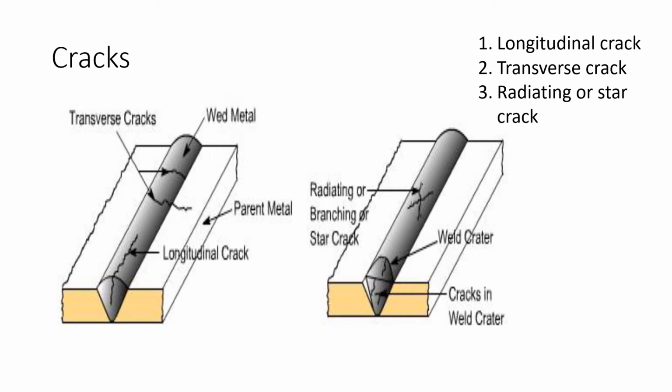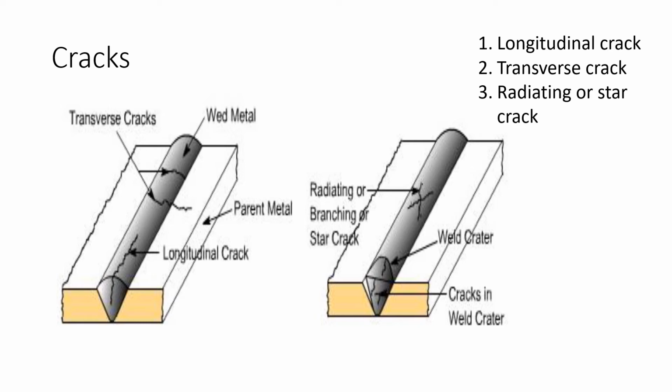Now let us see the first one, that is cracks. Cracks may be micro or macro size and may appear in the weld metal or base metal, and/or at the base metal and weld metal boundary.